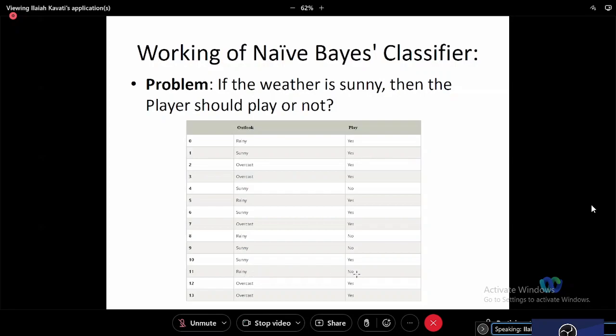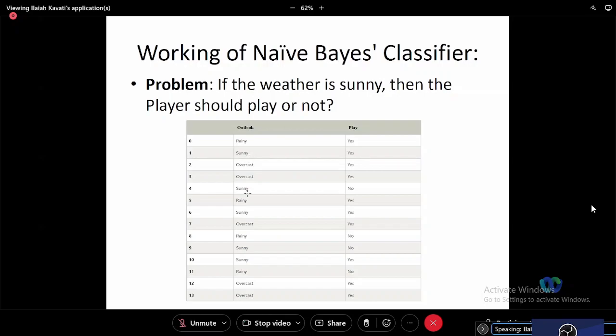So in the rainy situation, out of 4 instances, in 2 instances play was there, and in 2 instances there was no play.